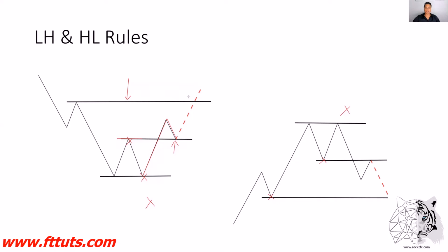If price comes back here and gives you evidence, you can sell that. And if price comes back here and gives you evidence, you can buy it. And I promise you, if the market gives you evidence to buy this, your range for that trade is going to be huge.